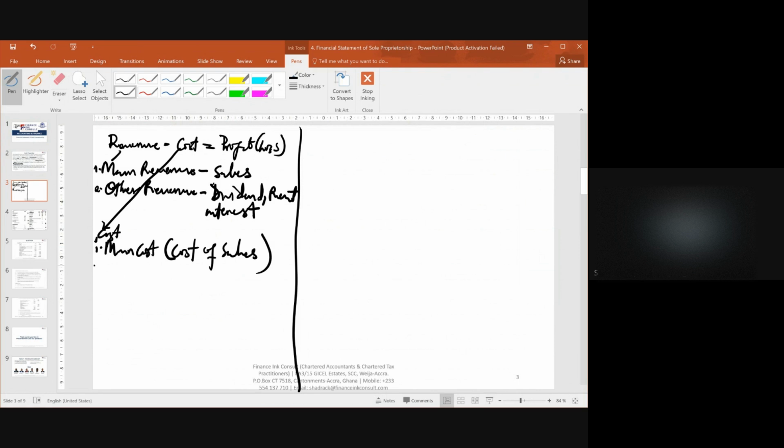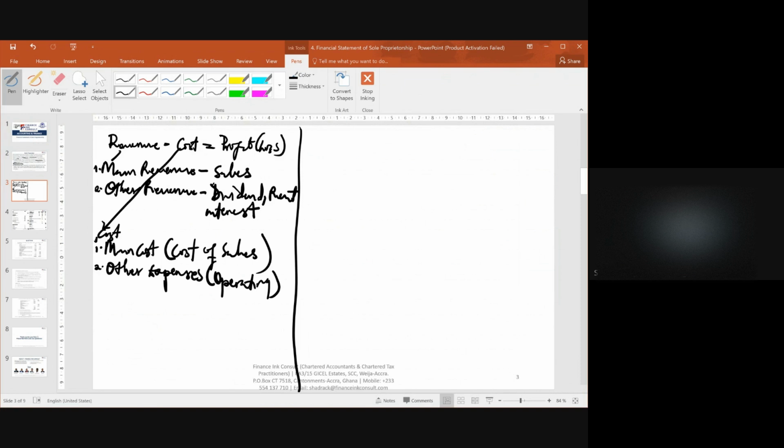Then we have other cost or expenses, which we refer to as operating expense. So cost of sales has to do with the main cost we have to incur before we can even make a sale, right?